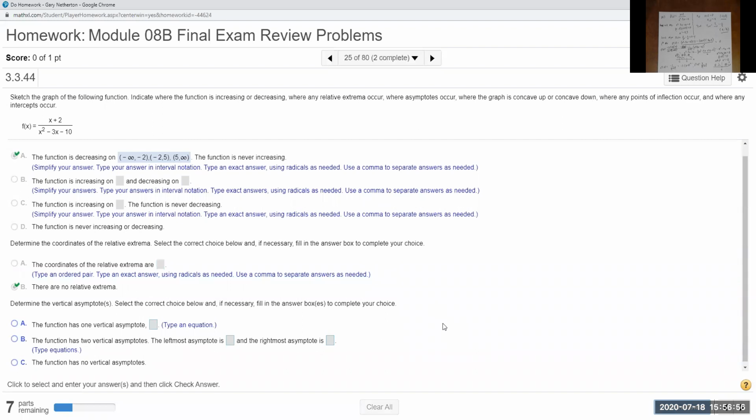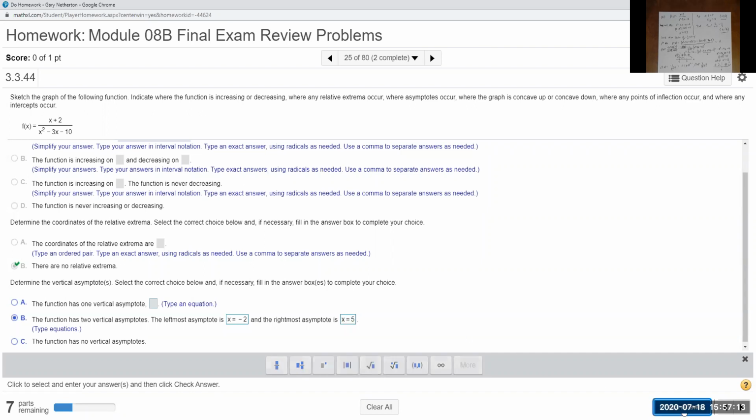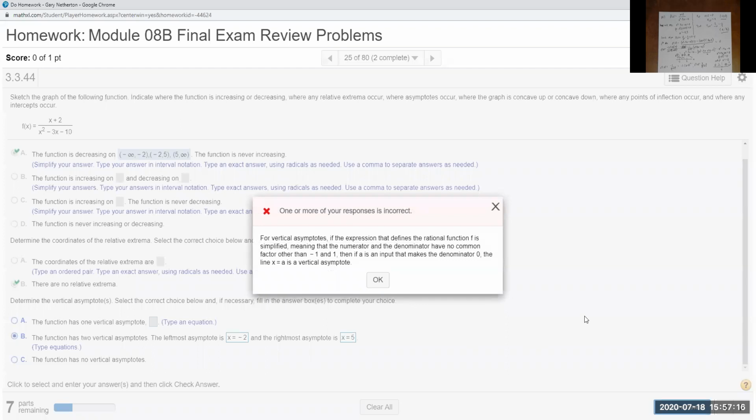For vertical asymptotes, these are pretty straightforward. x equals -2, x equals 5. That's 2. The leftmost, x equals -2. The rightmost, x equals 5. Oops.